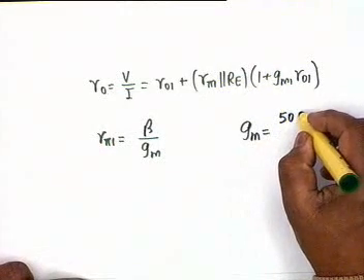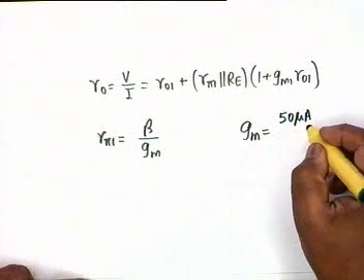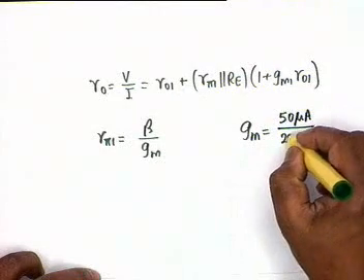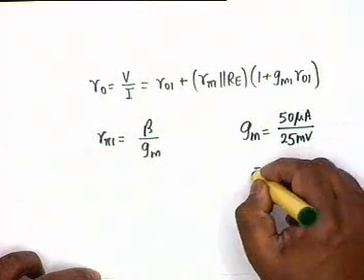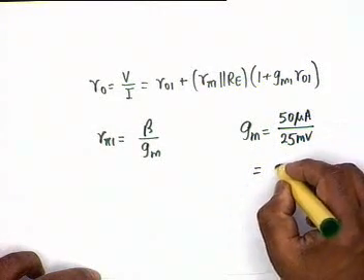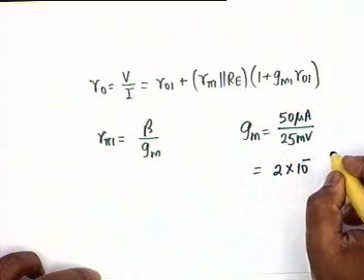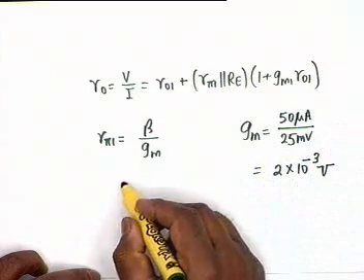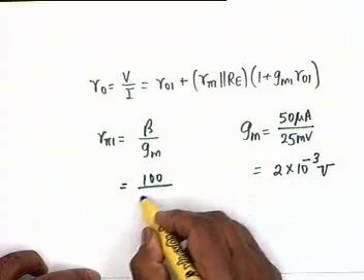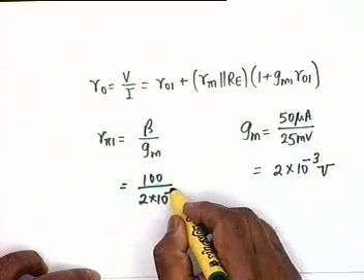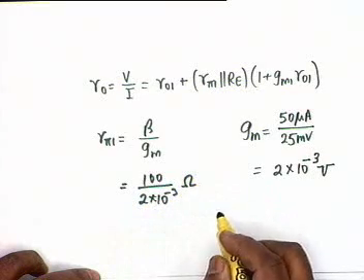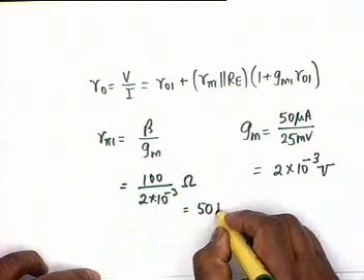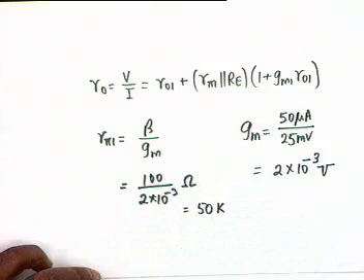IC1 was assumed as 50 microampere divided by, let us say, 25 millivolt. This becomes 2 times 10 to the minus 3 mho. So beta is 100 divided by 2 times 10 to the minus 3 mho, that is equal to 50 K.